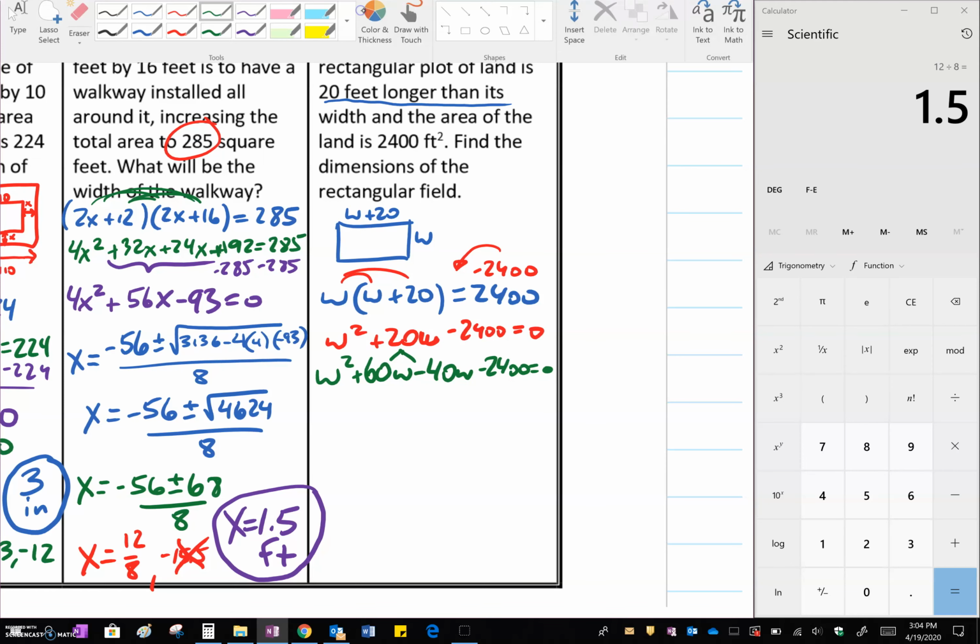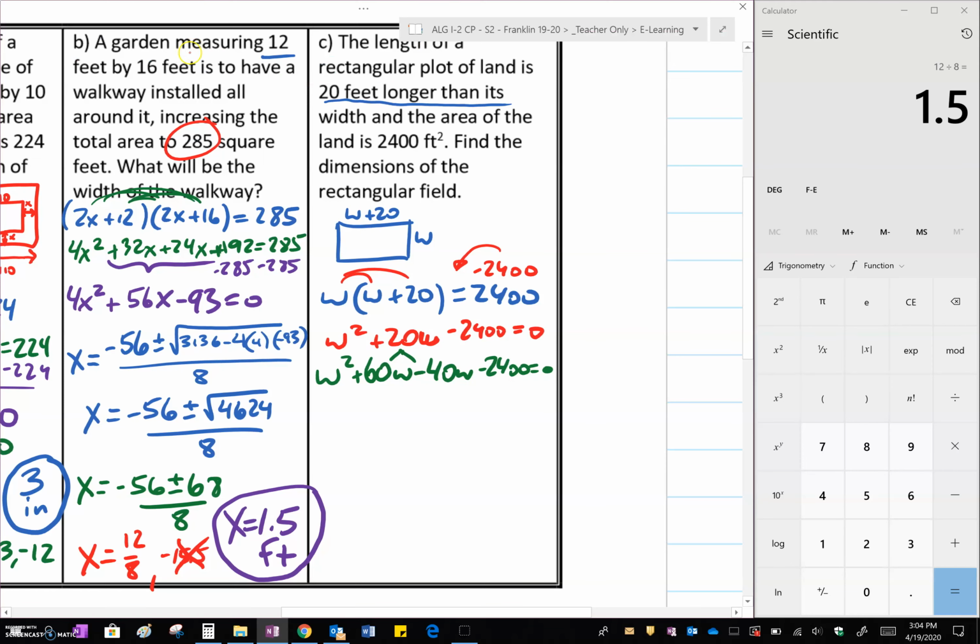60 and 40 are our two numbers. So now you can factor by grouping. W times W plus 60, minus 40 times W plus 60. So our factored form of this equation is W minus 40 times W plus 60 equals 0.